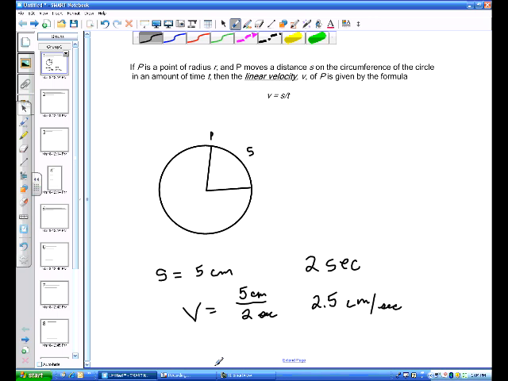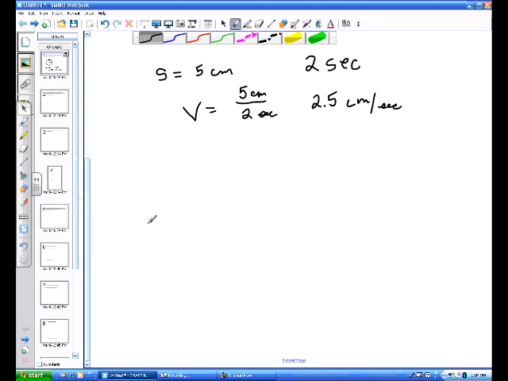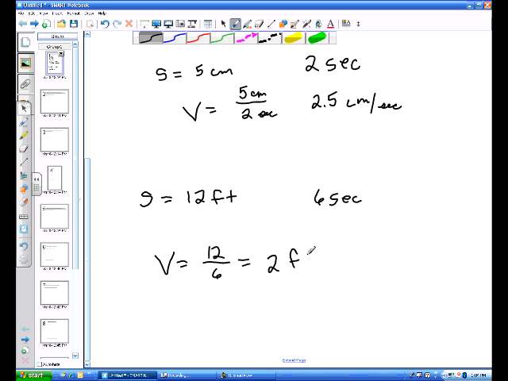If we had something, and let's say we moved a distance of 12 feet, and it took us 6 seconds to move that distance, then our linear velocity, the speed with which it's traveling, would be 12 divided by 6, or 2 feet per second.